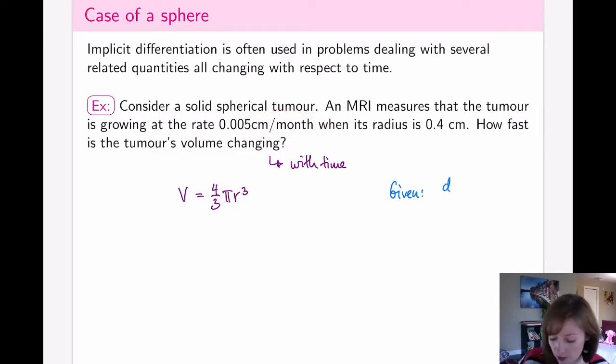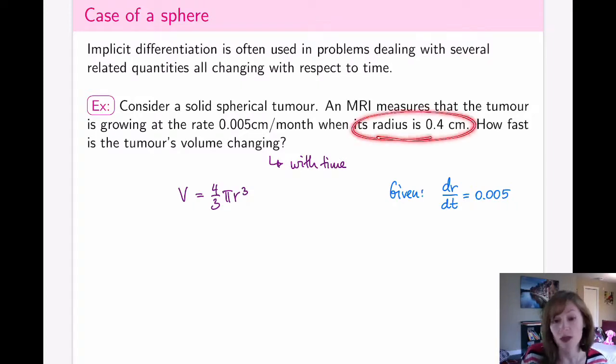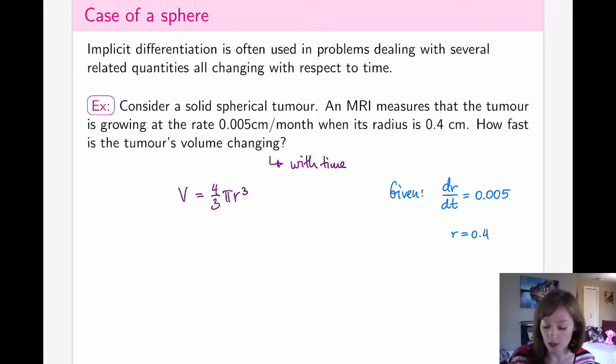The derivative of the radius with respect to time is a positive 0.005. I am also told that this is all happening when the radius is 0.4 centimeters. So this is a particular instance in time that I have this information for. Great, that's what I am given.